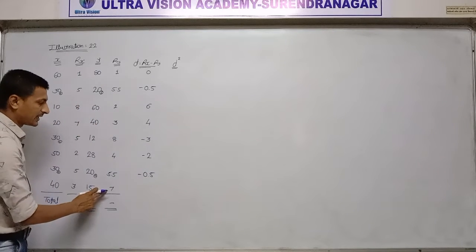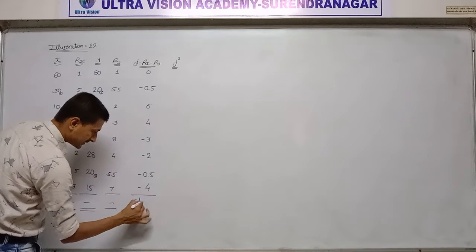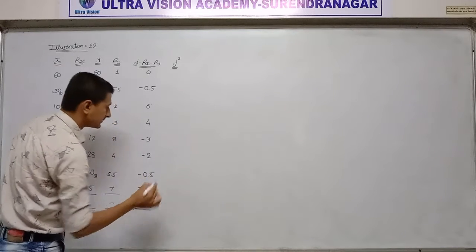And last is 3 minus 7, minus 4. Sigma d is always 0.